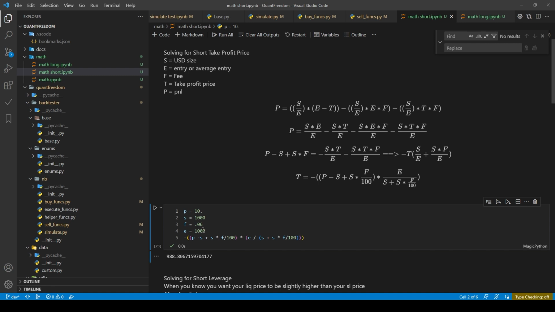What? What does this even mean? T is take profit price. Okay, this all makes sense.